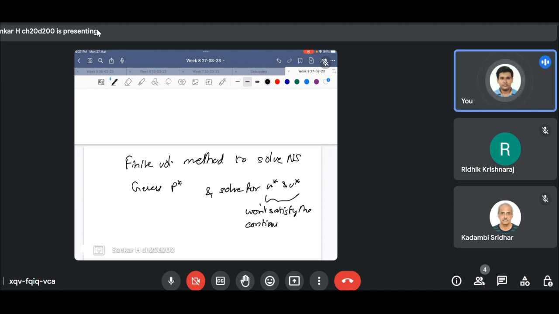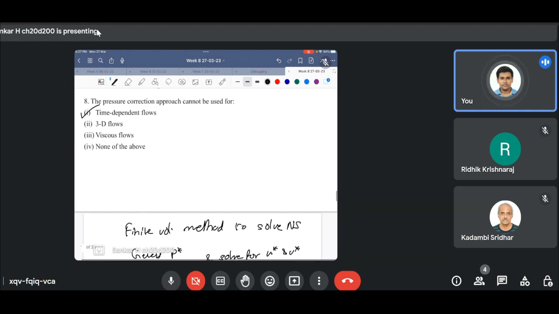So we substitute back to finally end up with a velocity and a pressure field that satisfies the continuity equation and the momentum balance equation.